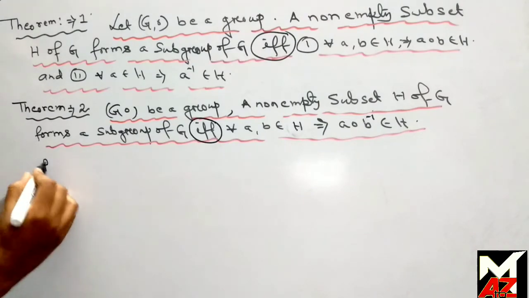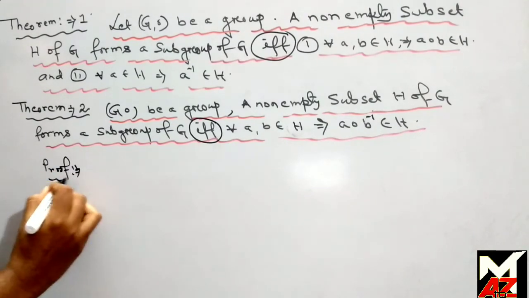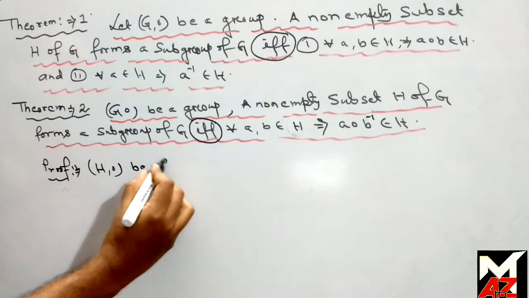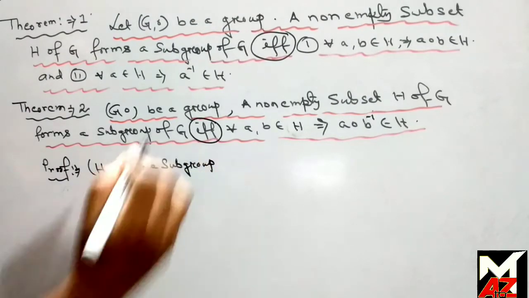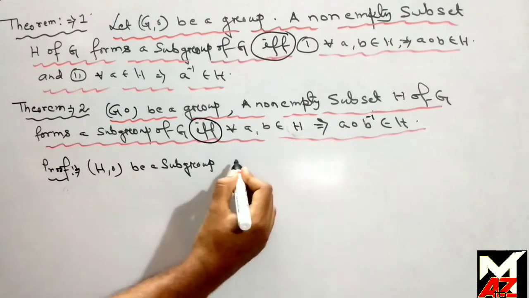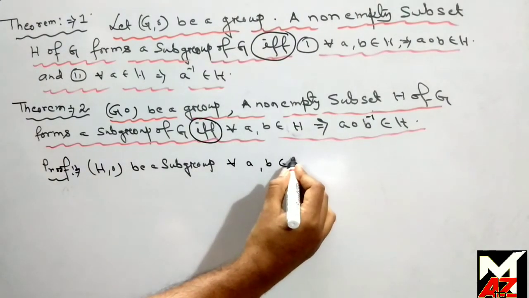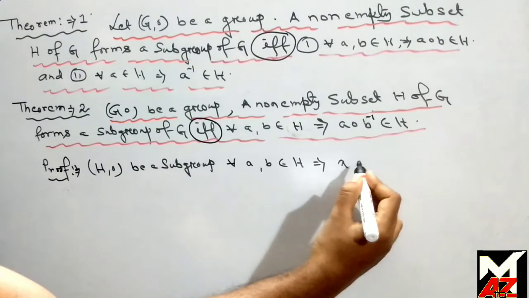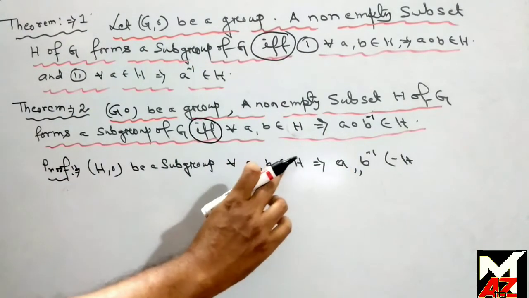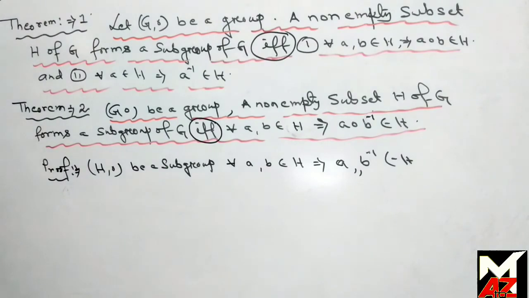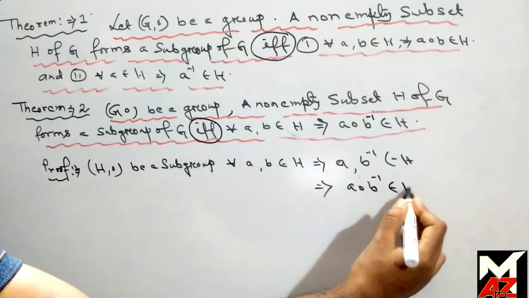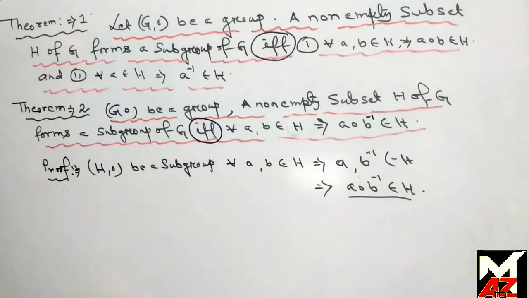Now we prove this theorem. We first take (H, ∘) to be a subgroup, then it must follow closure, associative, identity and inverse, and for all a, b belongs to H we must have a ∘ b inverse belongs to H because of the inverse property. b belongs to H, then b inverse also belongs to H, and a, b inverse both belonging to H gives a ∘ b inverse belongs to H because of the closure property, right?